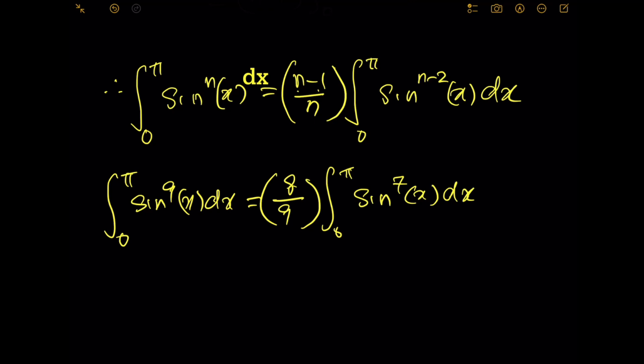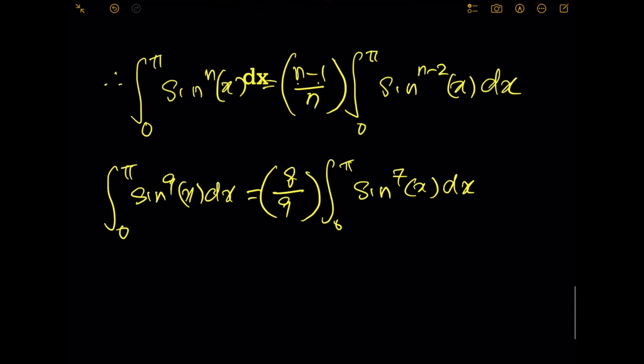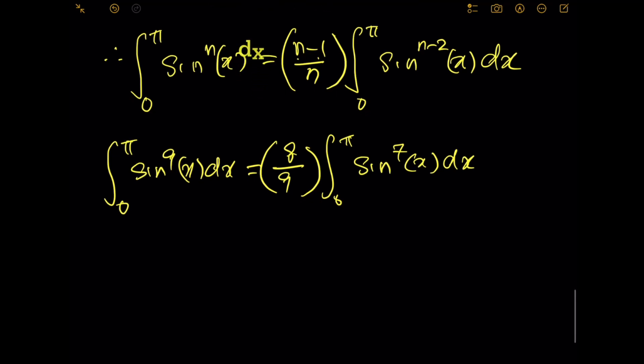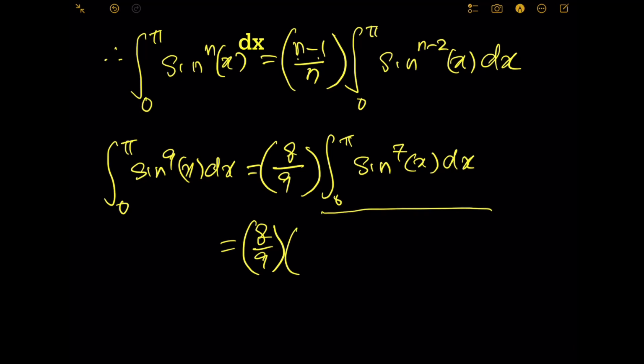How do we find sine power 7? We can find it by applying the equation again. The original 8 divided by 9. So how do you find sine power 7? We can use the same recursive equation. Now n equals to 7. Here will be 6 over 7 multiply integral 0 to pi sine power 5x dx.